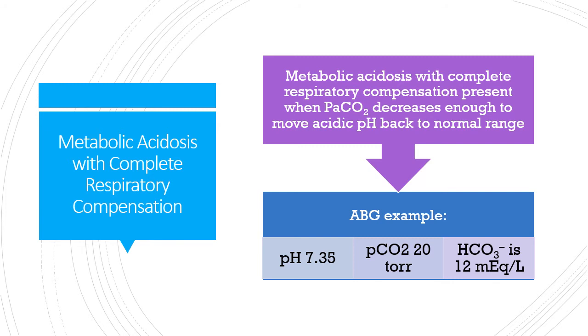Let's break that down. The pH at 7.35 is in normal range, but just barely. It's on the acid side. The PaCO2 is low in response to an increased respiratory rate, which happened because the bicarb had fallen to 12, well below the normal range of 22 to 28 milliequivalents.